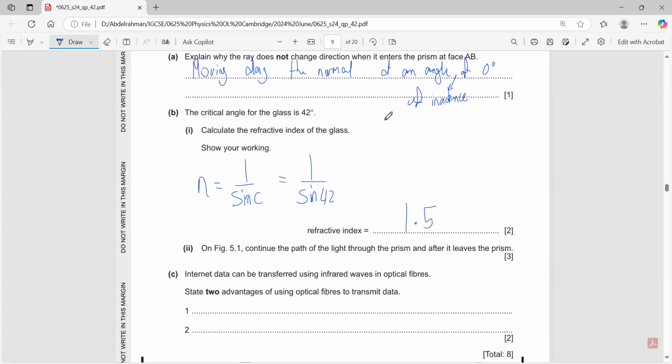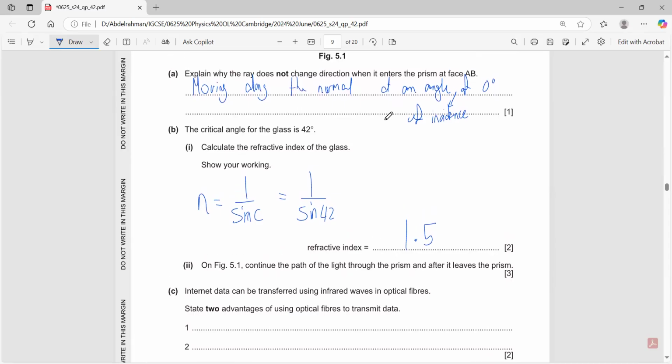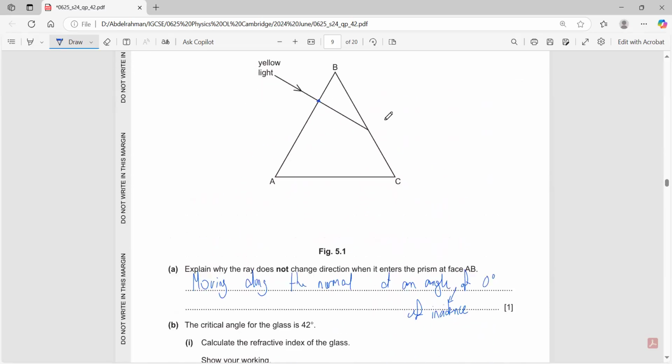On figure 5.1, continue the path of the light through the prism and after it leaves the prism. Once it reaches side BC, we need to draw a normal line and measure the angle of incidence.